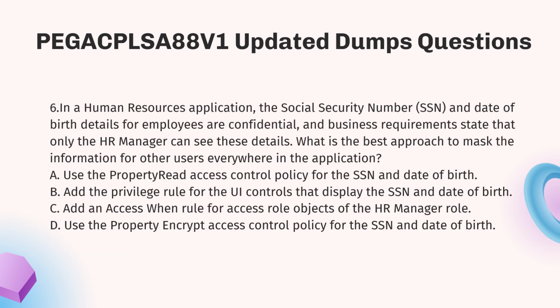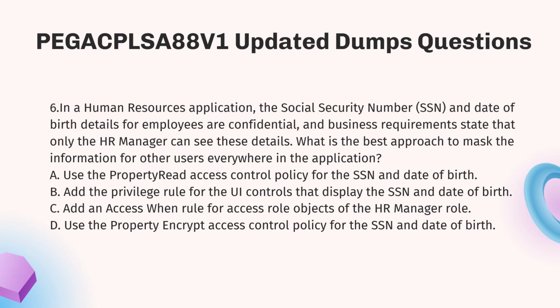6. In a human resources application, the social security number, SSN, and date of birth details for employees are confidential, and business requirements state that only the HR manager can see these details. What is the best approach to mask the information for other users everywhere in the application?